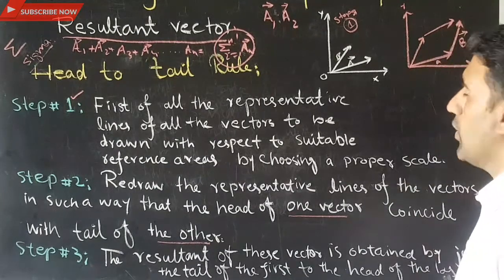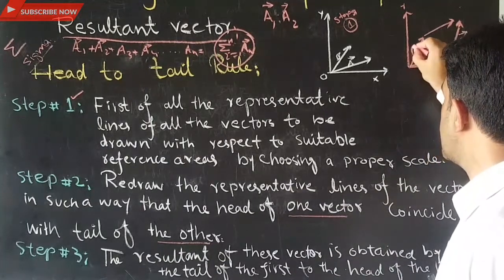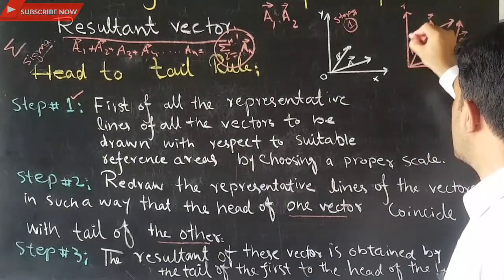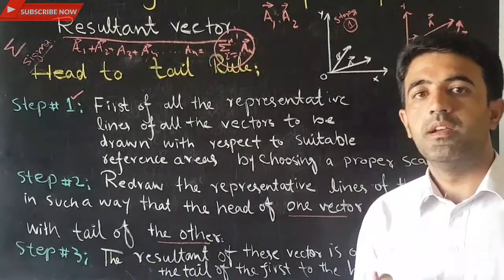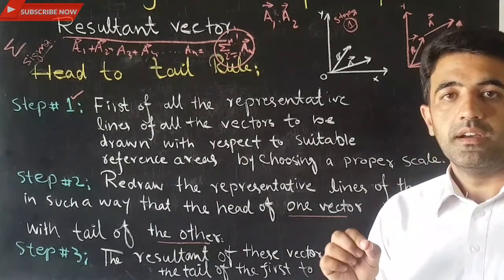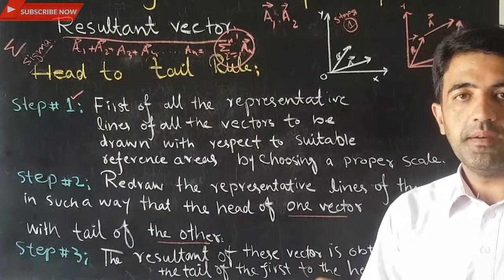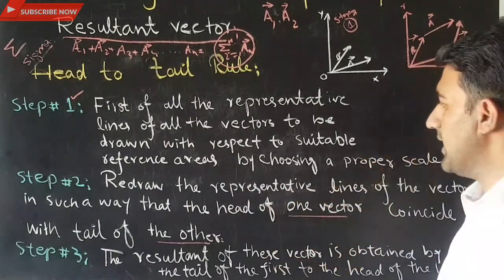So in this we exchanged both vectors A and B. This is vector B and this is vector A. The main matter is that you should place the tail of one vector at the head of another vector, and this verifies step 2 in this diagram.